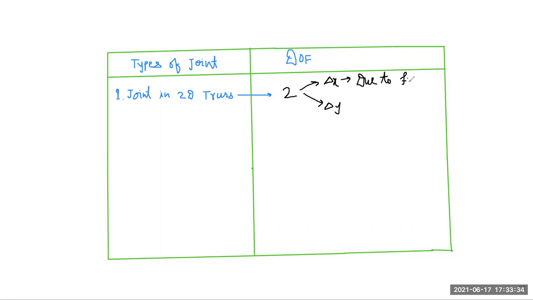This degree of freedom is possible due to force fx, in the direction of fx, and the other is due to force fy. Here theta, that means rotation, is equal to 0.